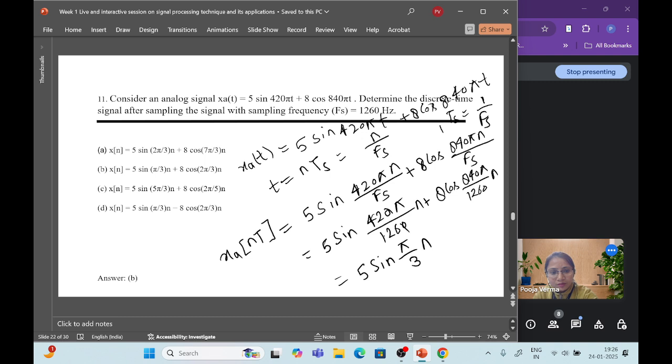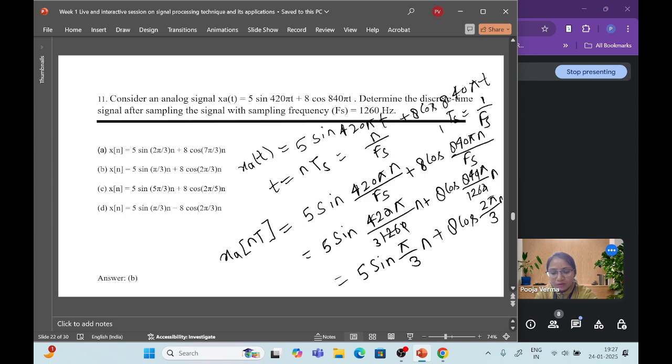Similarly here also you will get 2 pi by 3 n, plus 8 cos 2 pi by 3 n.